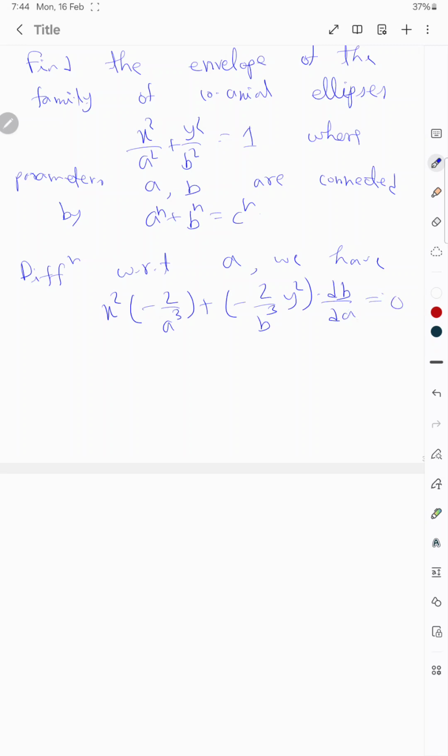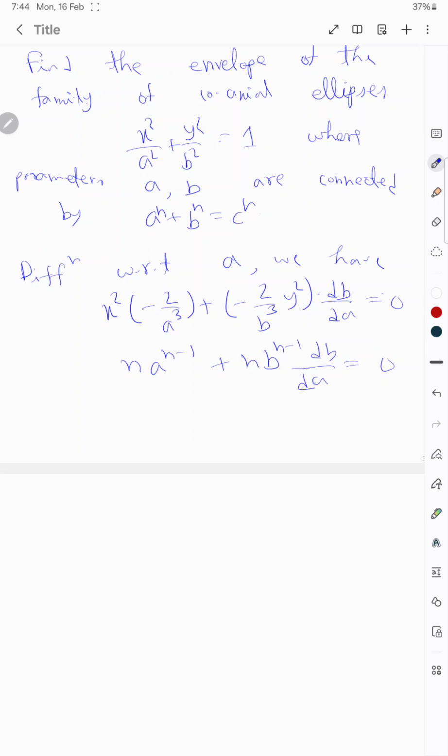And for the next one, you have n a to the power n minus 1 plus n b to the power n minus 1 into db da equal to 0.